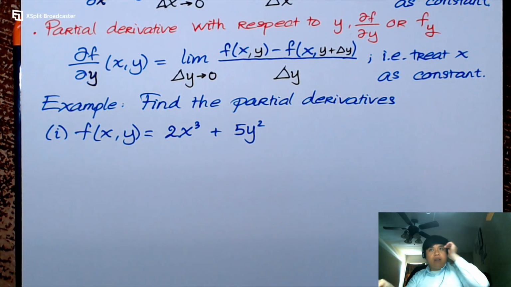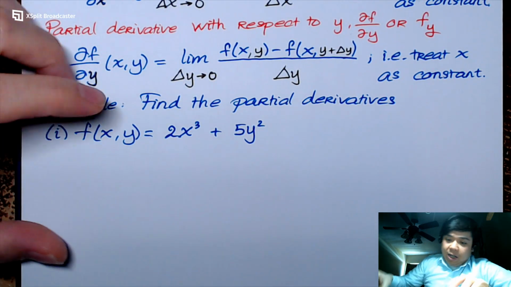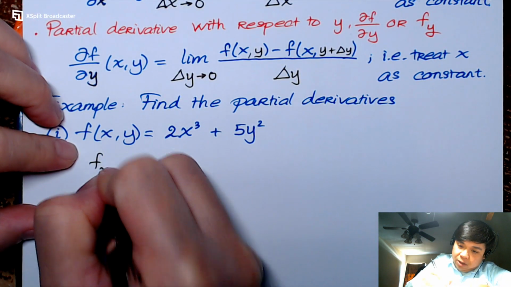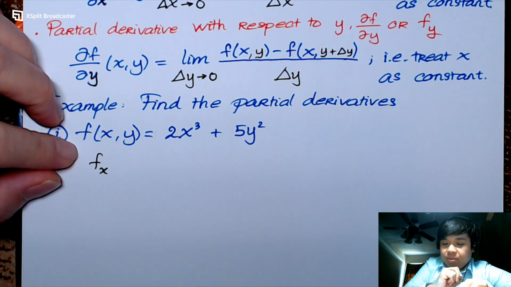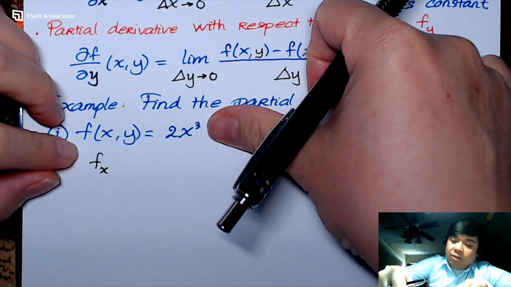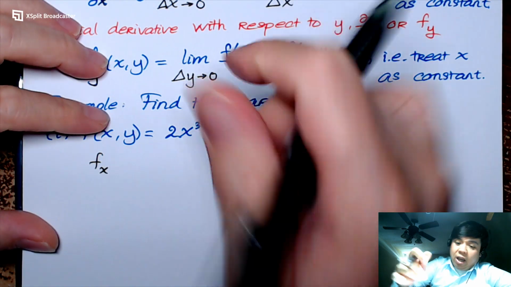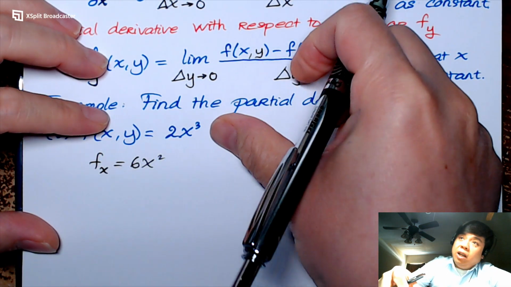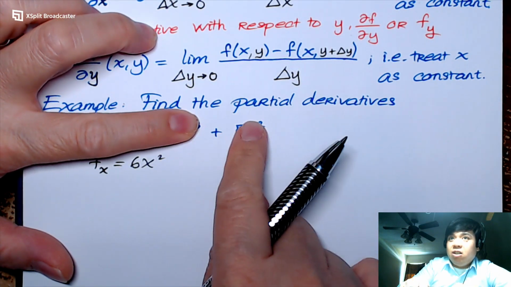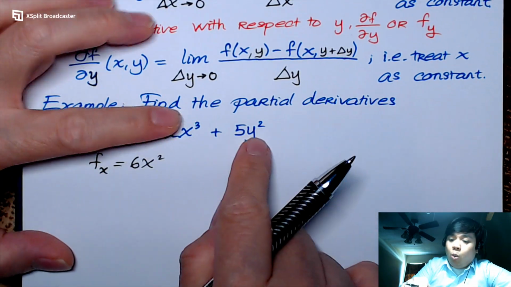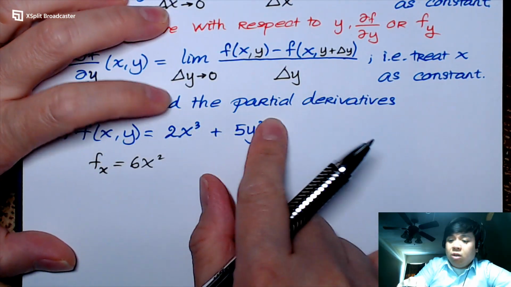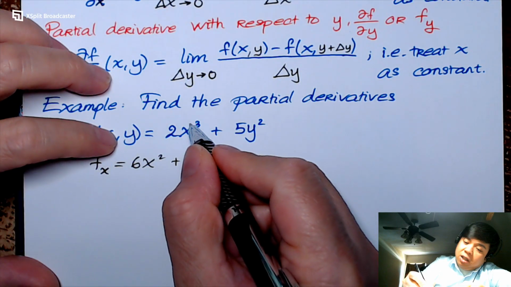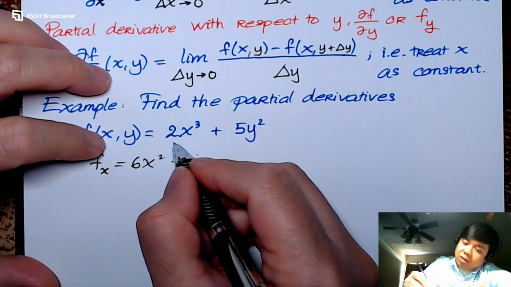If we have a function like that, then for the derivative with respect to x, we're going to treat y as a constant. Derivative of that is going to be 6x squared, and then the derivative of that constant is 0.